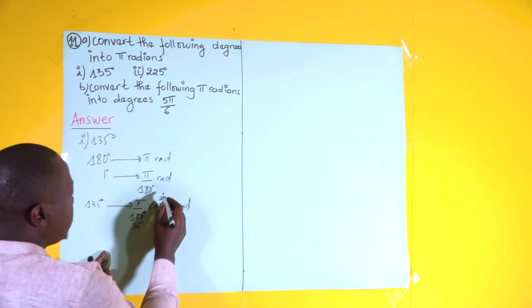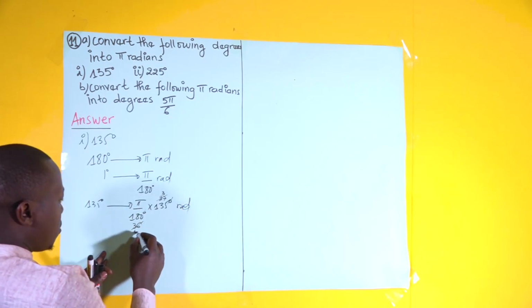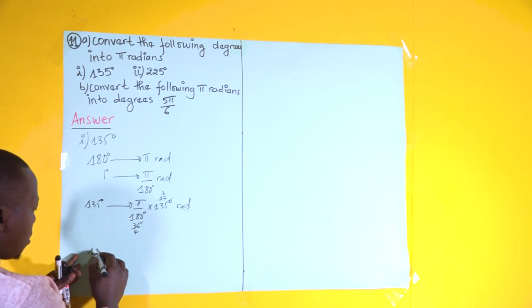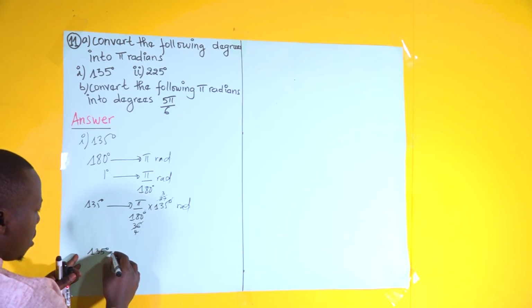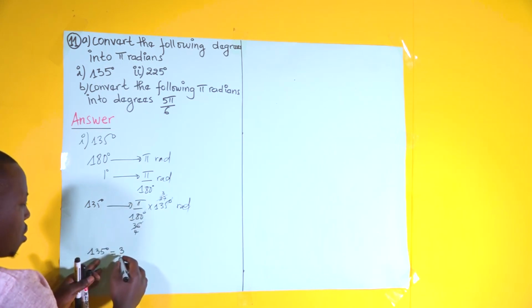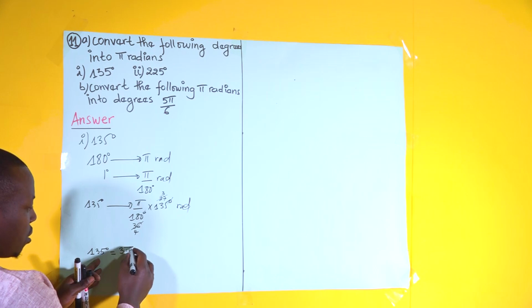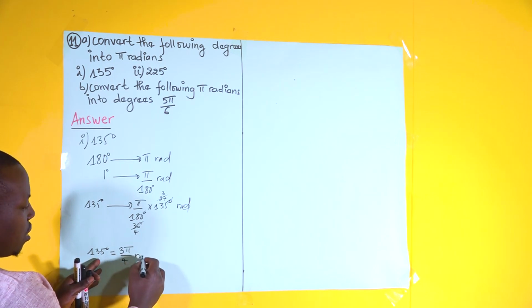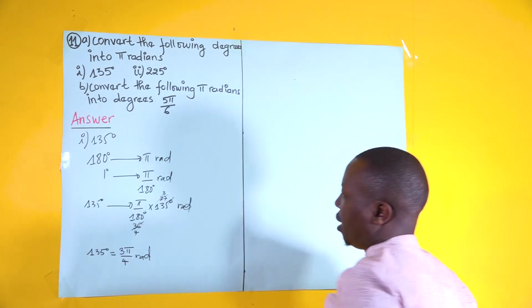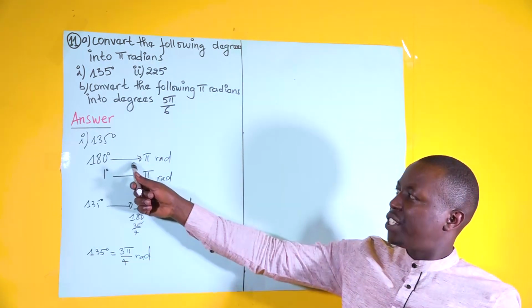This is 3 and this is 4. So it means 135 degrees equals 3 pi over 4 in radians, right? So this is the relationship.